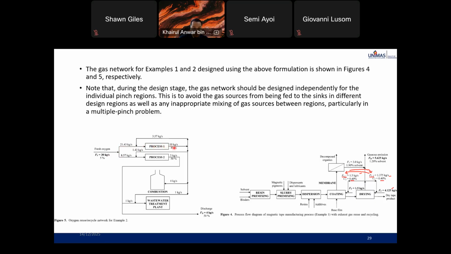Here it's 10%, 10 kg per second. Outlet 3%. Some goes back to be recycled, 2.57 kg per second. The rest goes to other, like 1.43 goes to process 2.